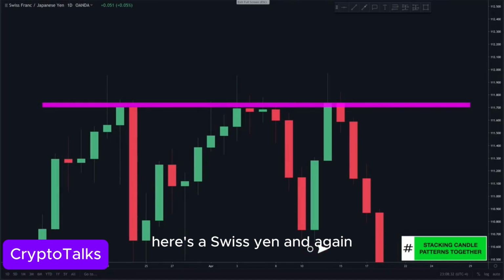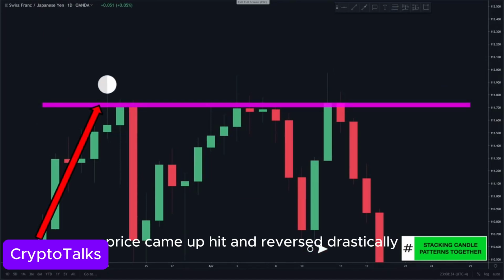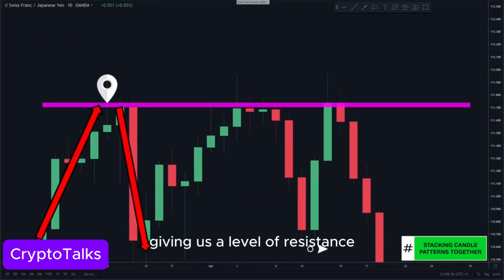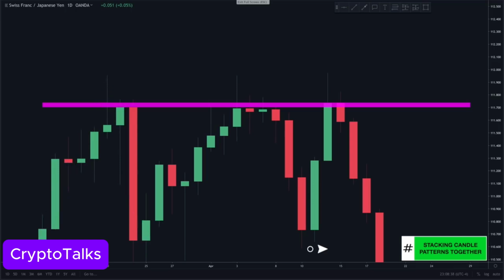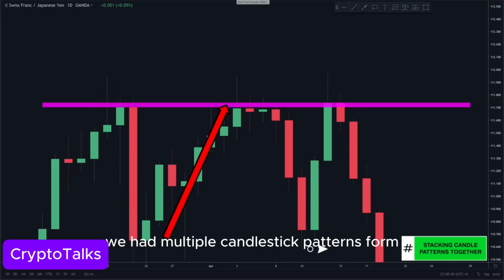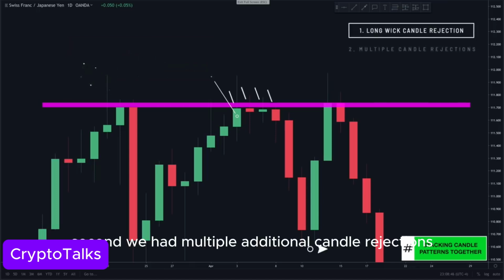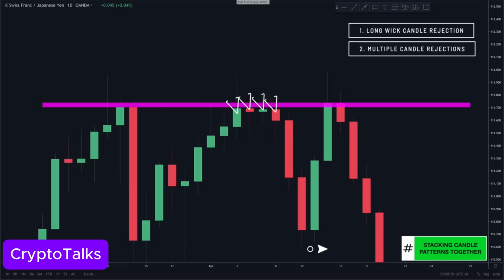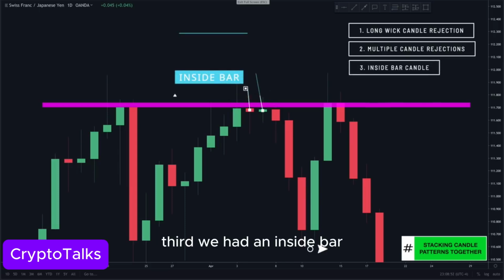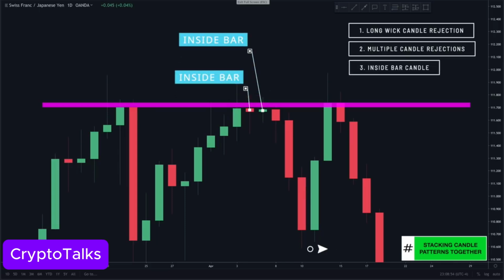So, moving on. Here's the Swiss Yen, and again, giving us a level of resistance, as price came back up to this level. First, a long wick candle rejection. Second, we had multiple additional candle rejections. Third, we had an inside bar, another inside bar.